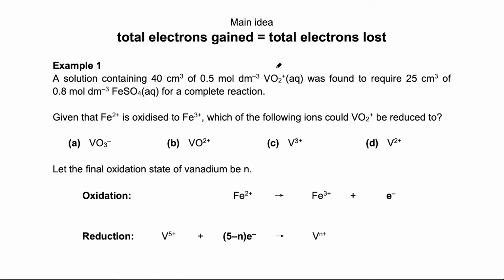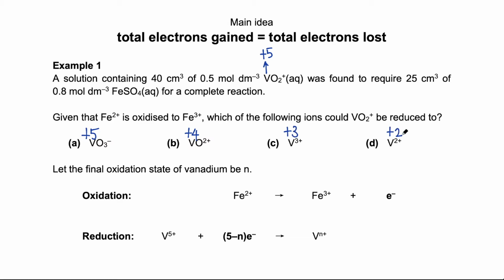The oxidation state of vanadium in VO2 plus ion is plus 5. I'm also going to list down the oxidation state of vanadium in each of the options: plus 5, plus 4, plus 3, plus 2.